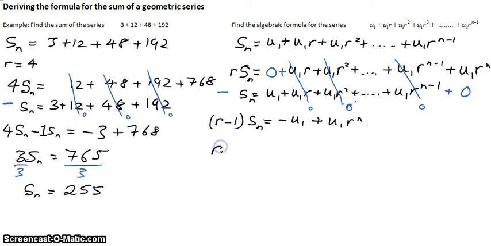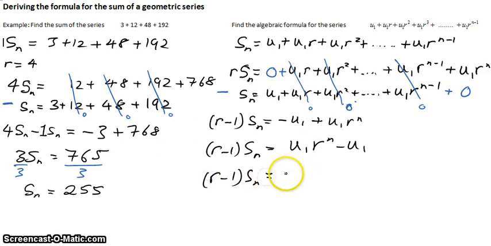Okay, so I've got this r minus 1 lots of my total equals, you fiddle it round, just writing it around the other way, and it ends up like that. So I've still got r minus 1 lots of my total. Now here you can see that there's a u1 in both terms. So u1 times r to the power of n is u1r^n, and u1 times 1 is u1, and I'm separating that with a subtraction.